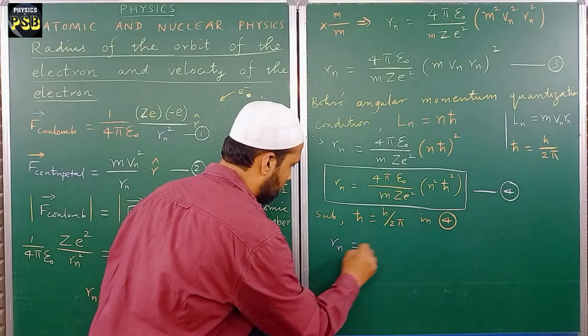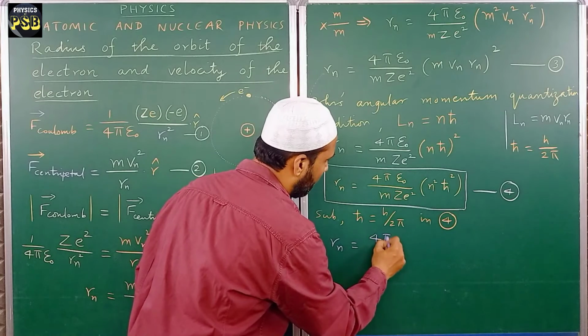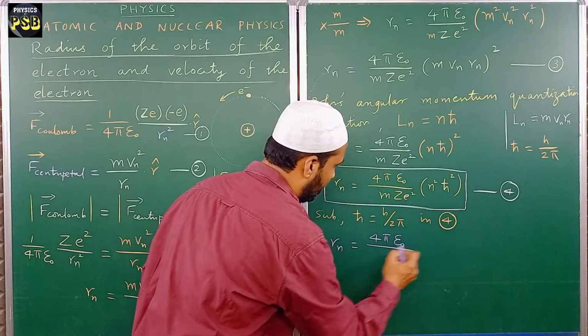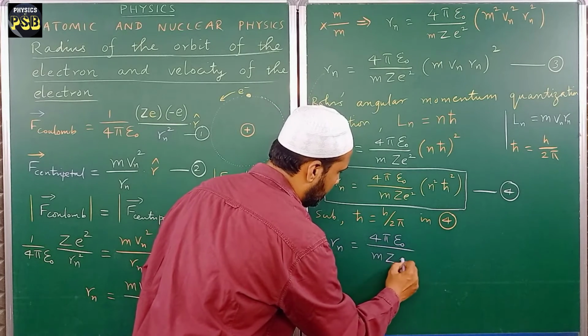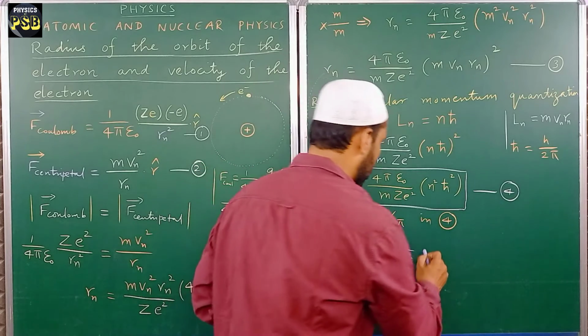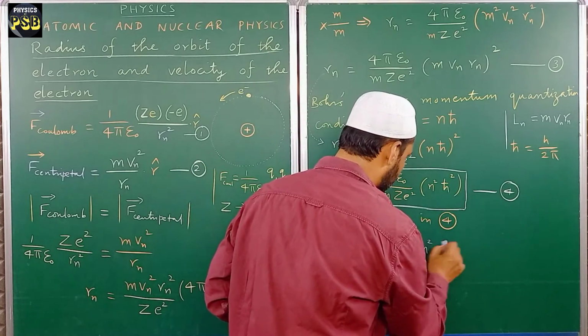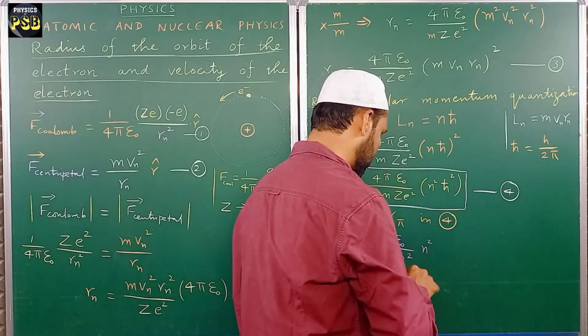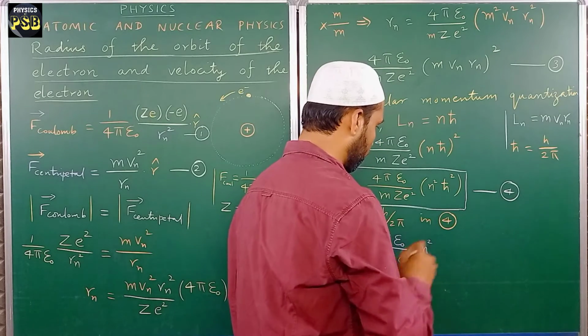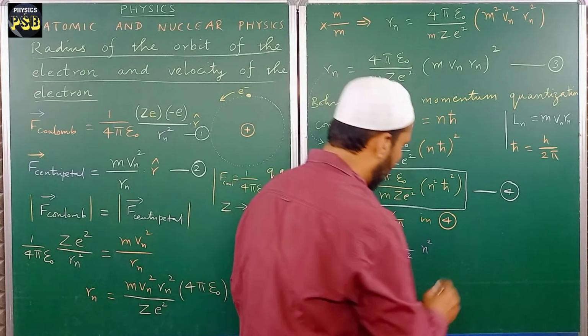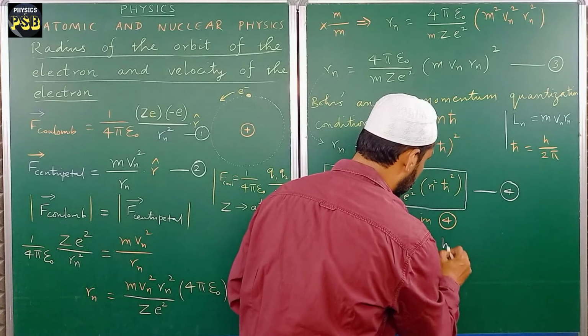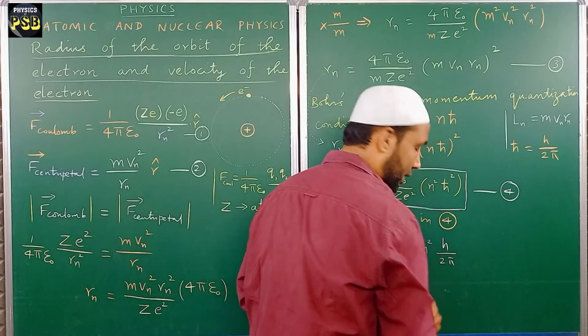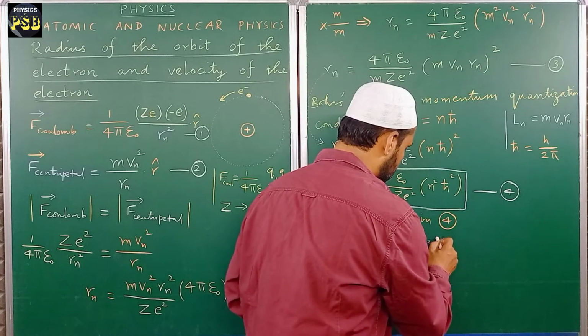Rn equals to 4 pi epsilon naught divided by m Ze square, n square, then in the place of h bar, h upon 2 pi, this is a whole square.